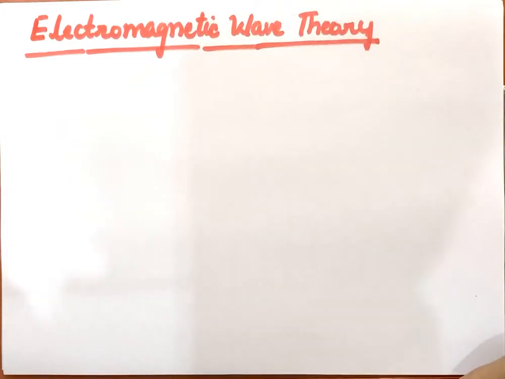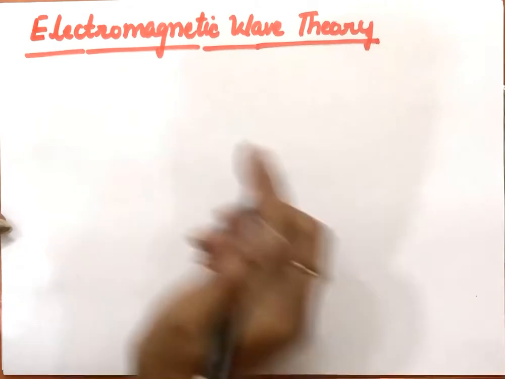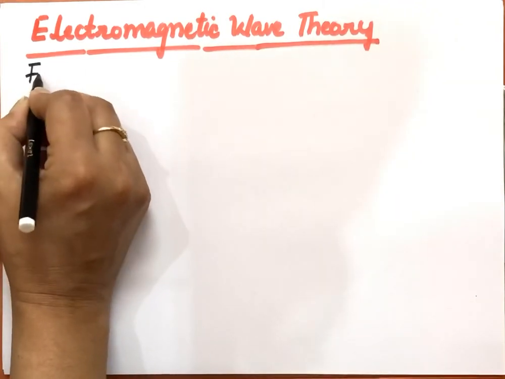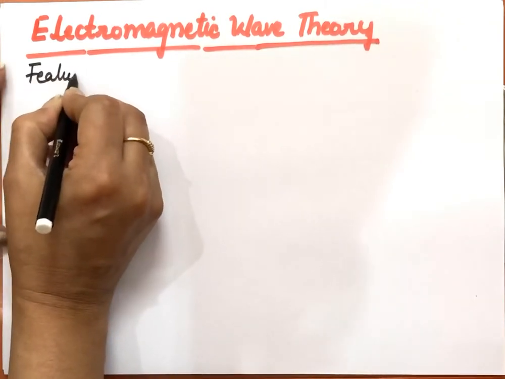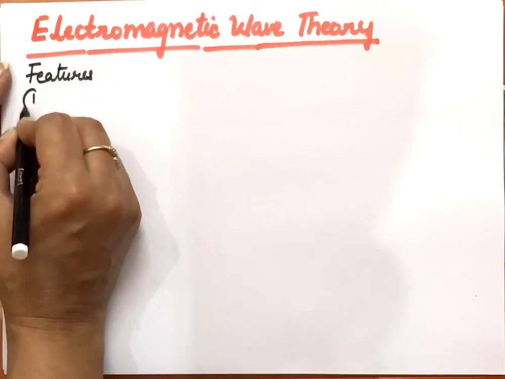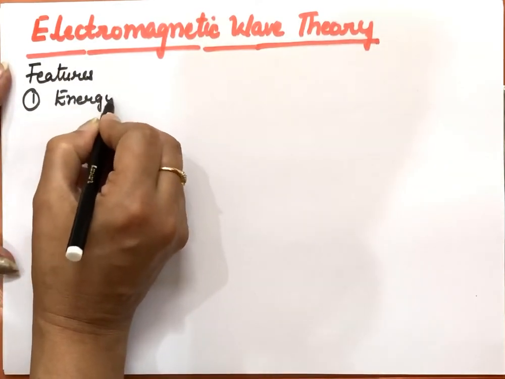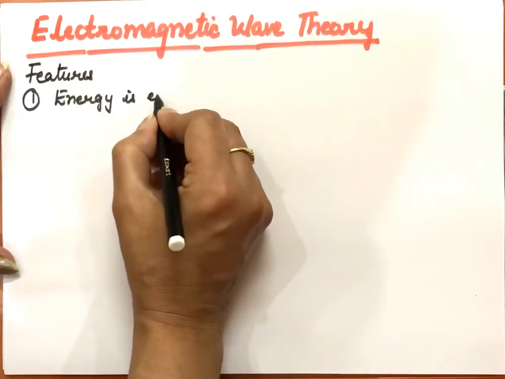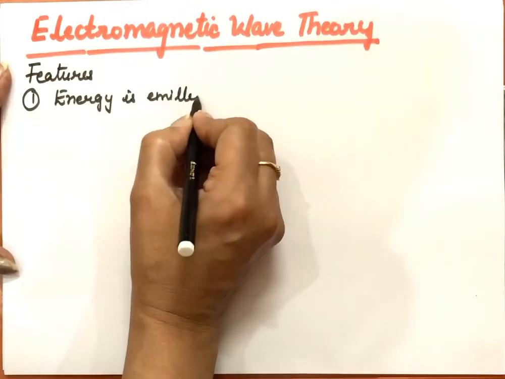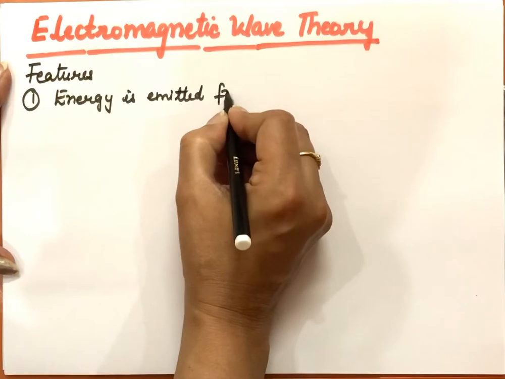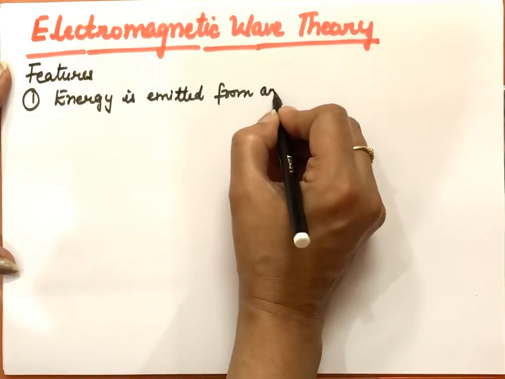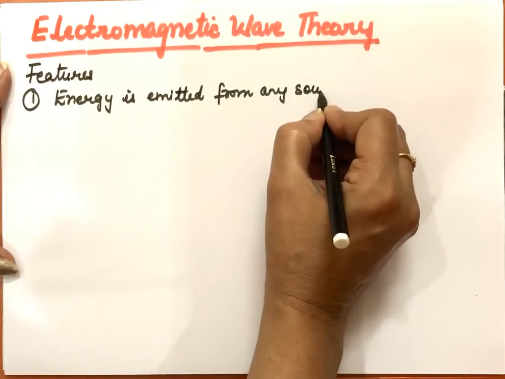Our next topic in the structure of atom chapter is electromagnetic wave theory. First we are doing the features of this theory. According to this theory, the first point is that energy is emitted from any source of light which is giving out energy. The energy is emitted from this source continuously.